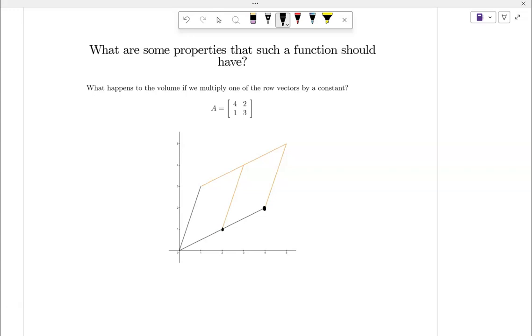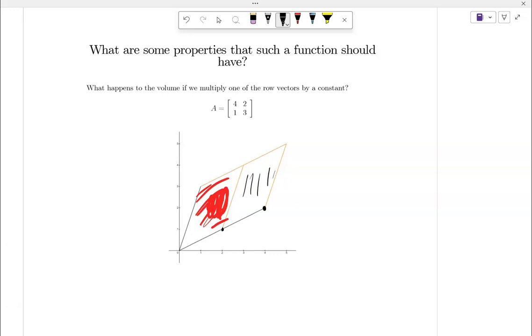Now I drew in the other helping lines in here. This one is the original area, right? That's the original parallelogram. What can I say about this parallelogram that I just colored in red, and this one now that I'm shading in black? What should those areas be in this case?